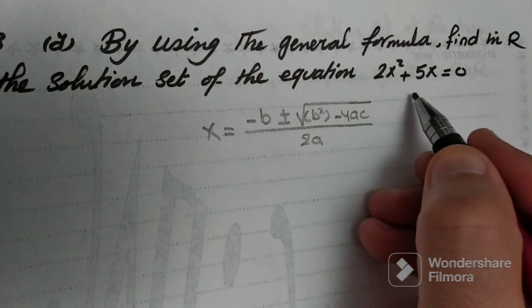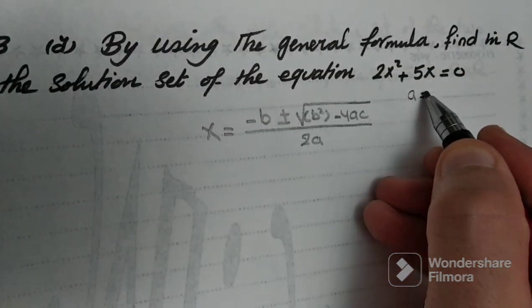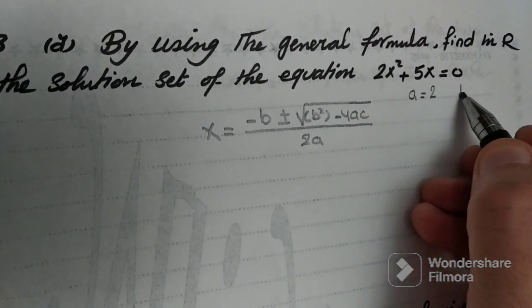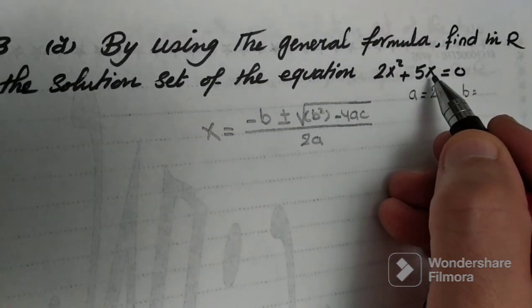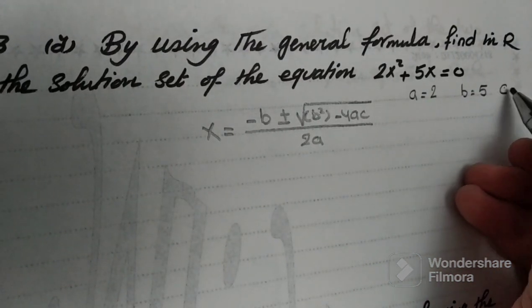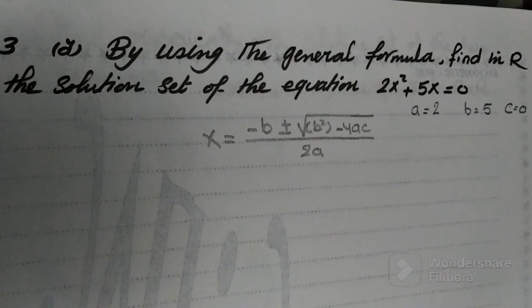From the equation, a equals the coefficient of x squared, which is 2, b equals the coefficient of x, which is 5, c does not exist, equals 0.